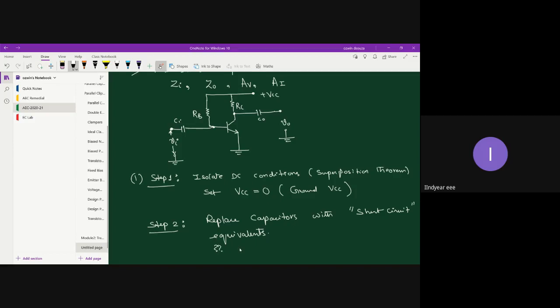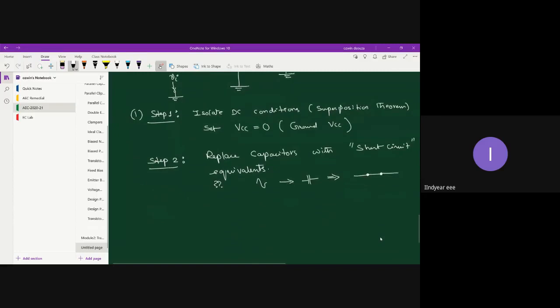Capacitors allow the flow of AC current, right? So for AC, a capacitor can be replaced with a short circuit equivalent.